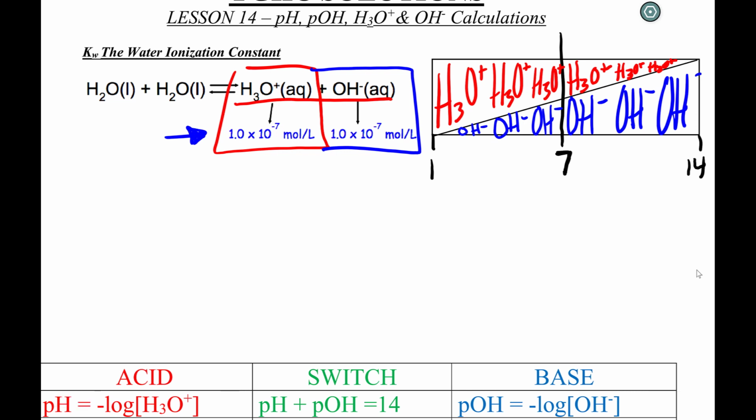If you told your mom that orange juice is really acidic and that it had a concentration of 2.0 times 10 to the negative 3 moles per liter of hydronium, she would have no clue what you're talking about. But if you said to your mom, this orange juice is really acidic, it has a pH of 3, she would have some concept of what's going on.